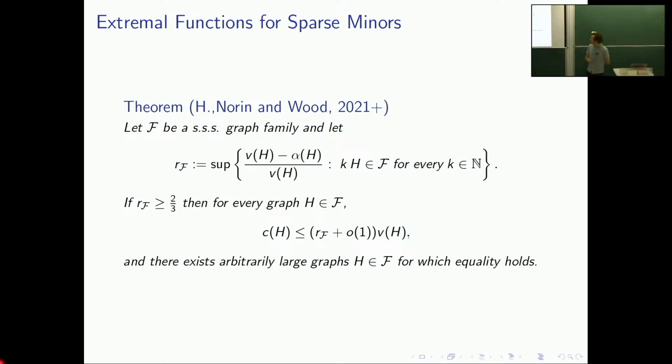So if this parameter is at least 2/3, then this gives an upper bound for the extremal function for graphs from this sparse family, and it is a tight upper bound. So there also exist arbitrarily large graphs where this is the actual size of the extremal function.